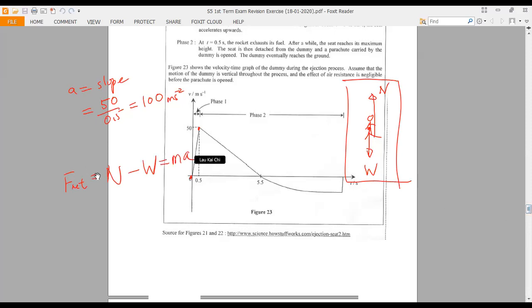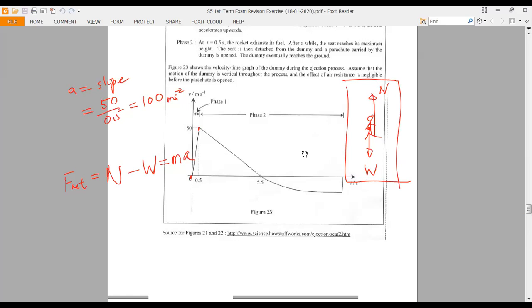Never put any force equal to ma directly. This ma is equal to the net force, and this net force is always obtained from the free body diagram. If you don't have the free body diagram, in most cases it would be wrong, unless there's only one force acting on an object. Otherwise, you need to consider all the forces acting on it to get the net force equal to ma.